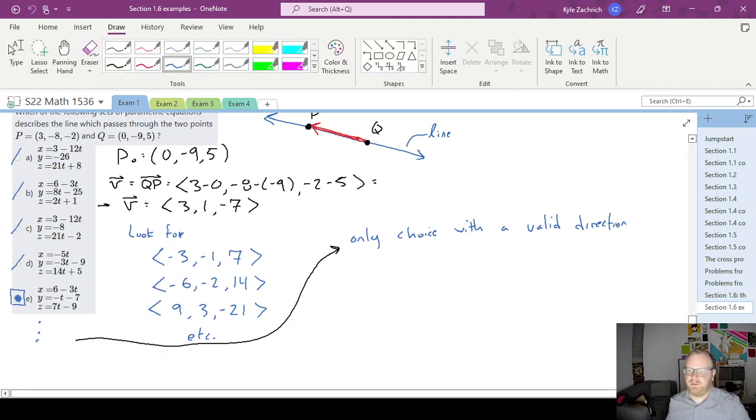So this is the only choice with a valid direction vector: E. All right. If we want to double check, or if we have multiple options with valid direction vectors, we can double check the point. 6, -7, -9.